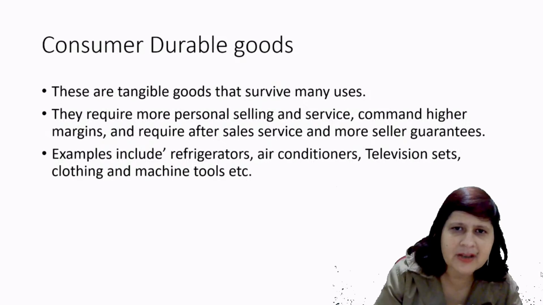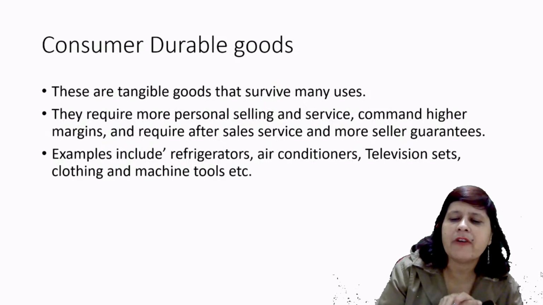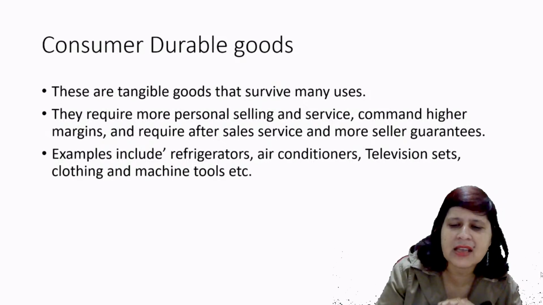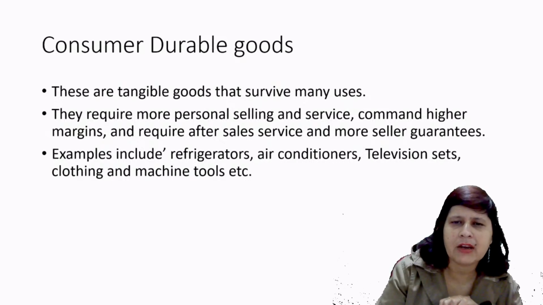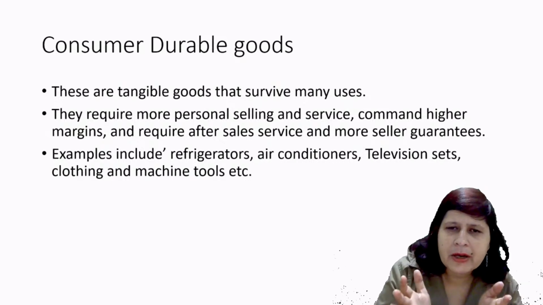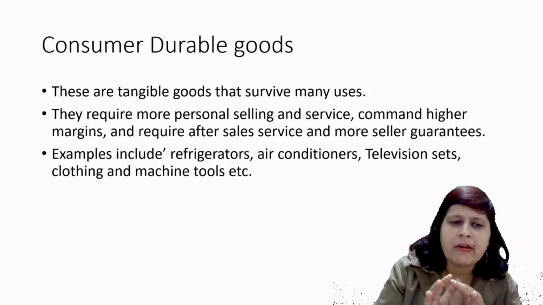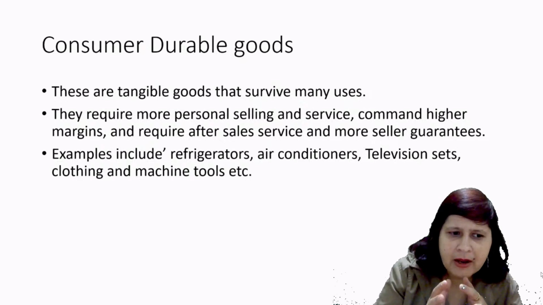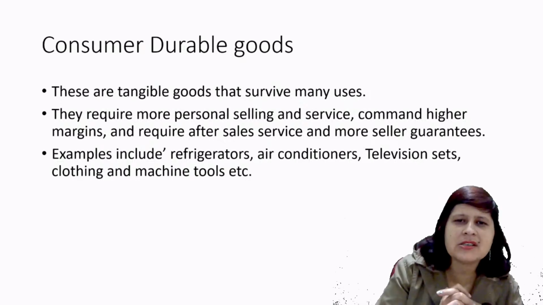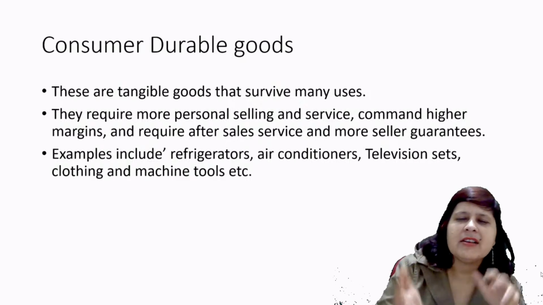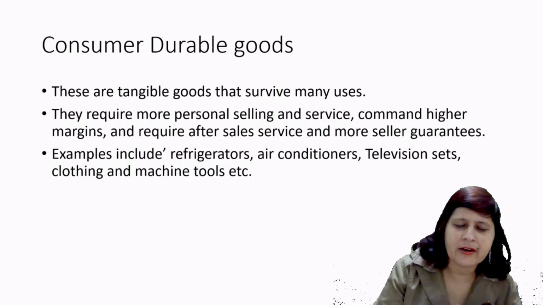They command higher margins and require after-sales services and seller guarantees, right? Because you can keep them for a longer duration, after-sales services are required for these products, and seller guarantees and warranties are required, right?